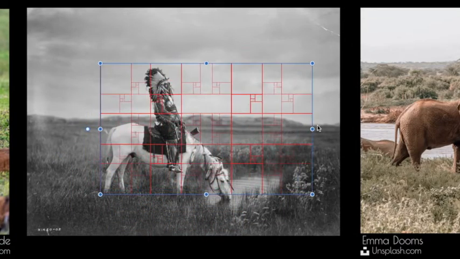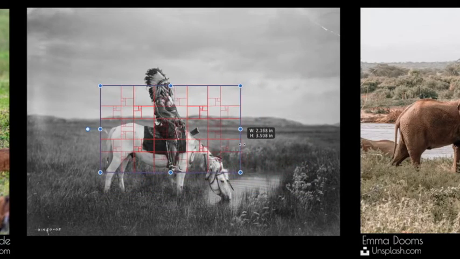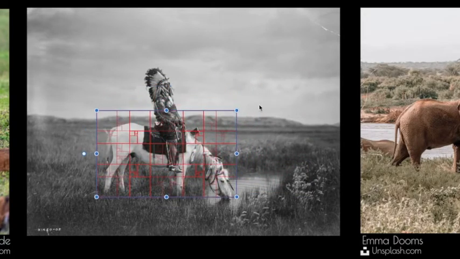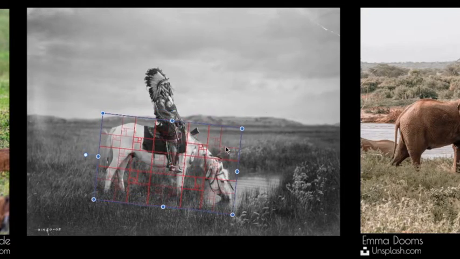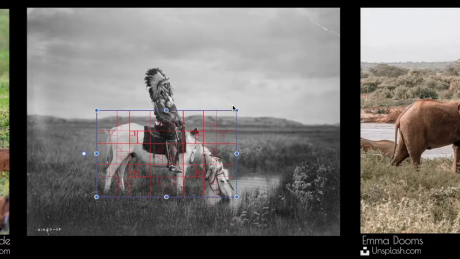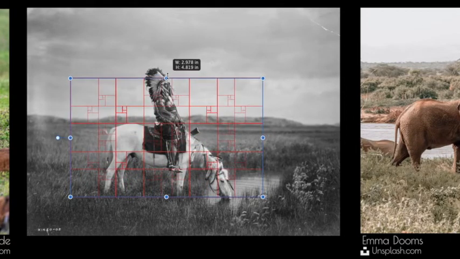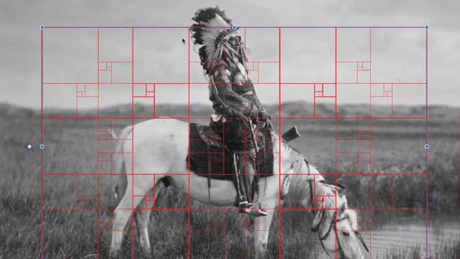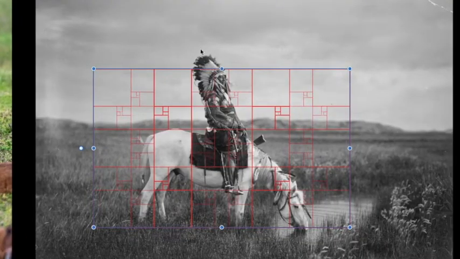another one would be this obvious one here, this horse. So the horse is going to kind of be its own phi rectangle. If we go to the height of the chief, this is supposedly a chief, which certainly looks right.